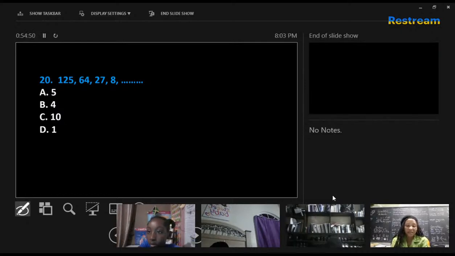So 125 is the cube of which number? 5. So 5 times 5 times 5 gives 125. And 64 is the cube of which number? Which number times itself 3 times gives 64?